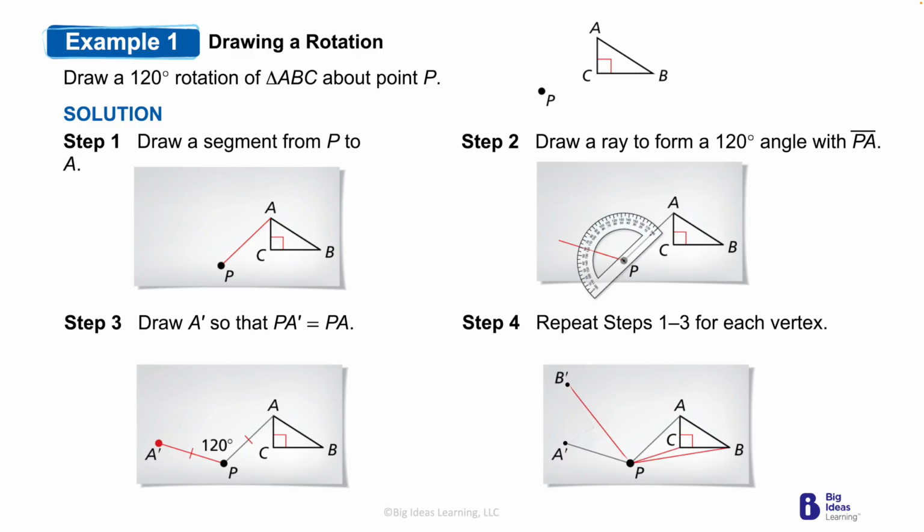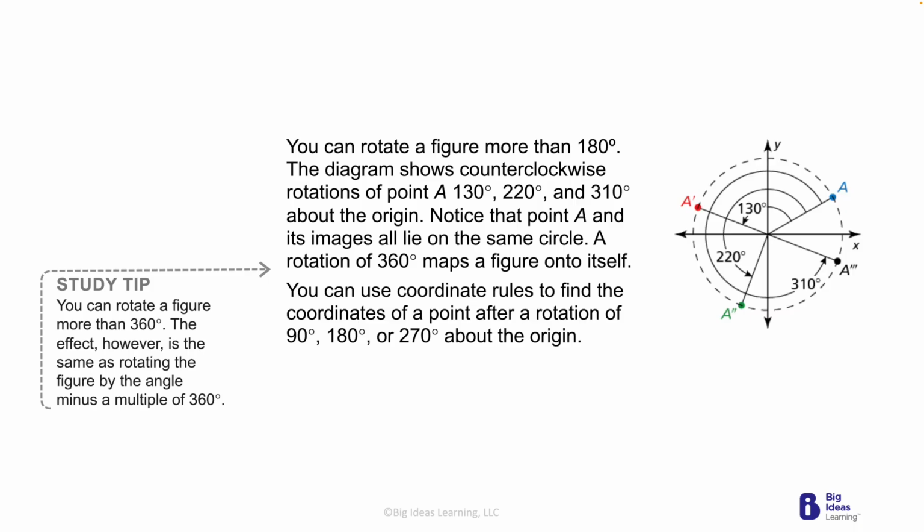And then you go to point C, do it again, put point C prime, make sure it's the same length. And then you can connect the dots on your new triangle, A prime, B prime, C prime. And that is your rotation. So you can rotate things 130, 220, 310. You can go past 360 even.